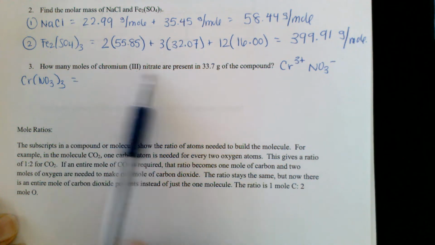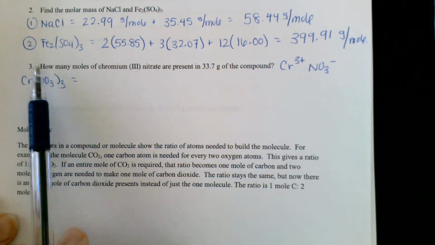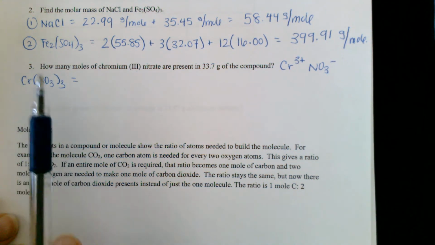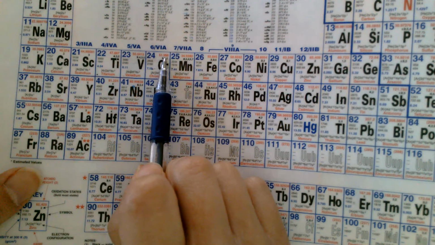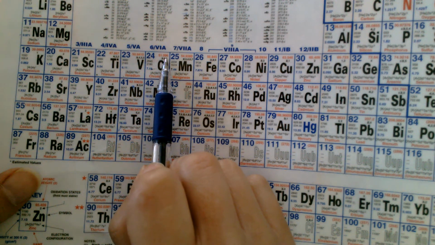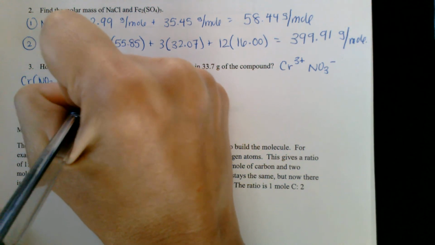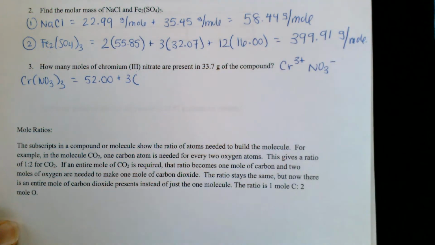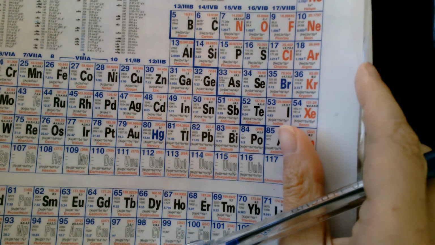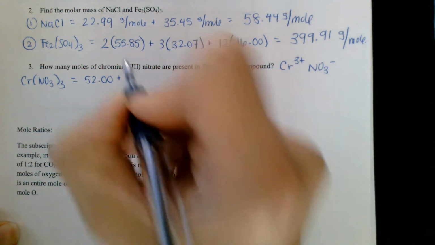So let's find the molar mass. If we're going to be converting between moles and grams, we need the molar mass. For compounds, we can't just look on the periodic table like we can for elements. We actually have to calculate it. So chromium, we'll look it up: 51.996, so we'll round it to 52.00, plus 3 nitrogens, which are 14.0067, so we'll call it 14.01.